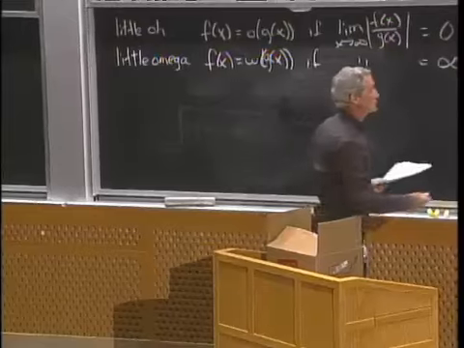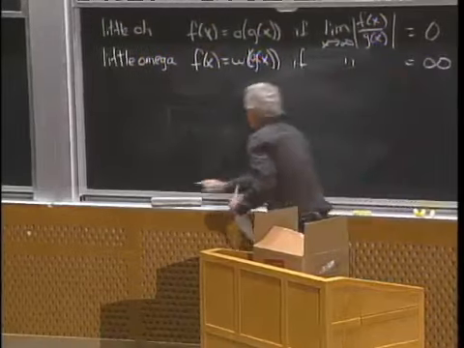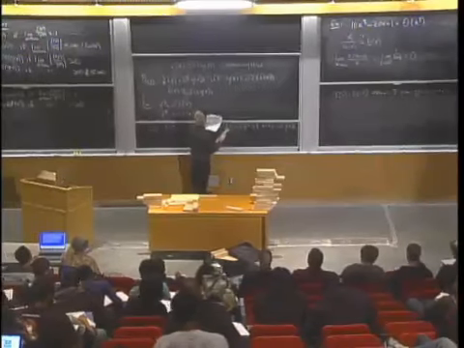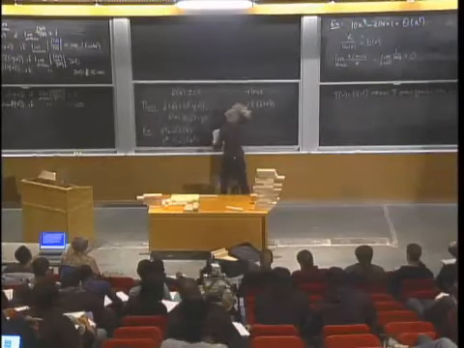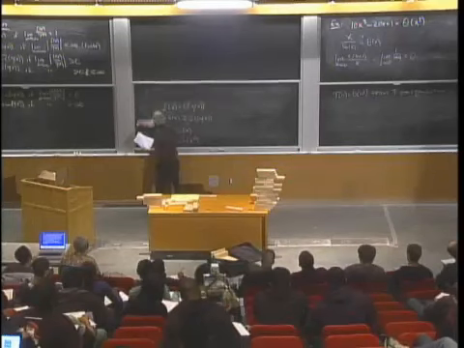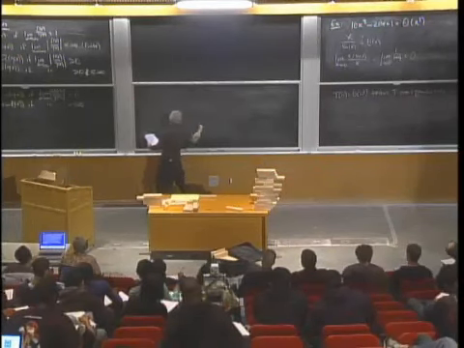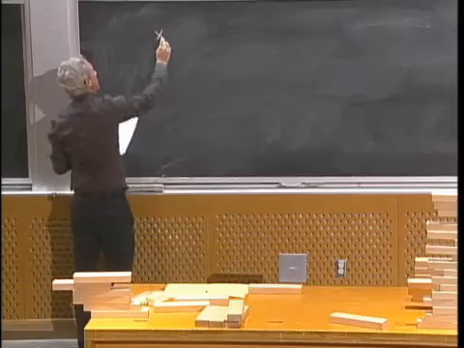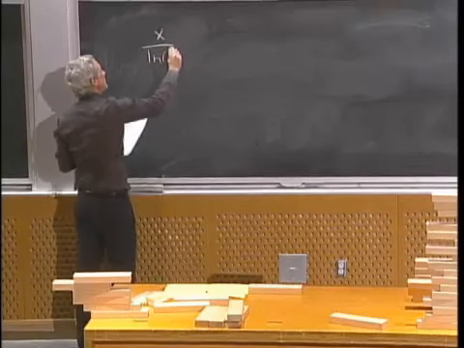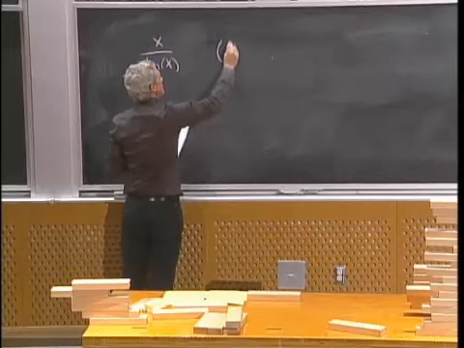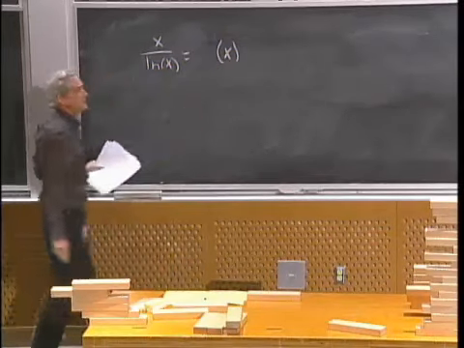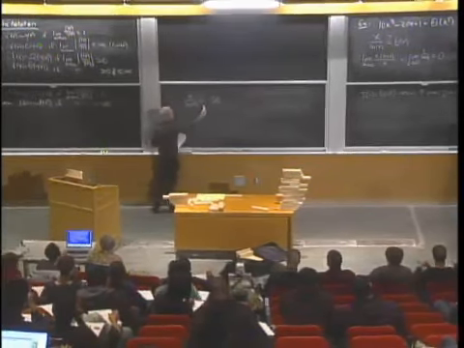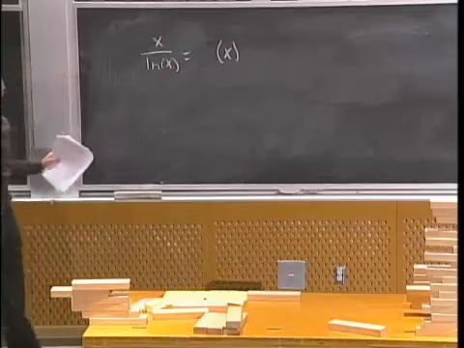All right, so we can do some simple examples. Then we're almost done with all this notation. What about this one? X over ln of x, we just looked at it, and x. What symbol do I put there? Little o.